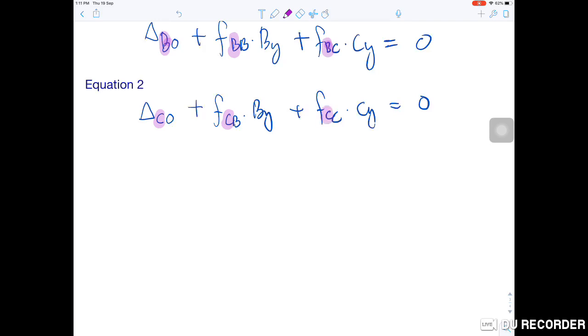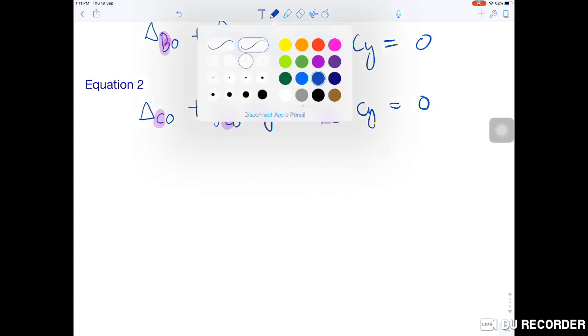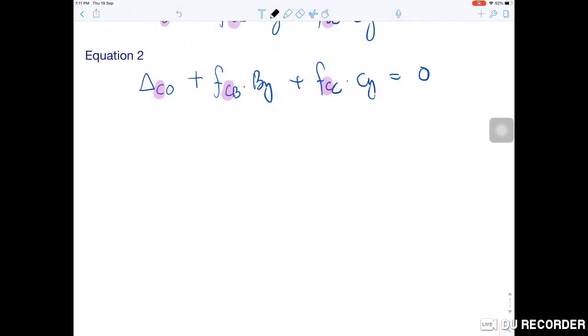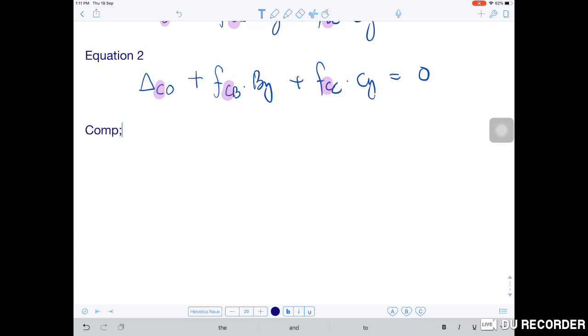These two simultaneous equations I want to rewrite into the standard form of the compatibility equation in flexibility matrix, which is in matrix form. Start from the primary. This is the standard form of the compatibility equation.